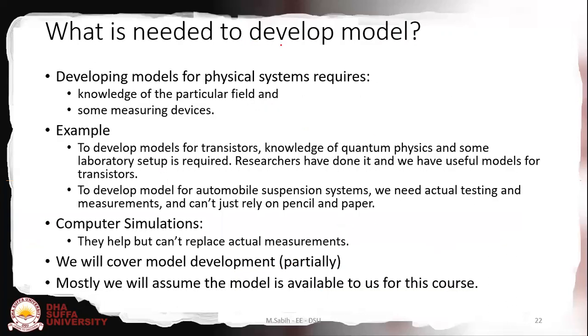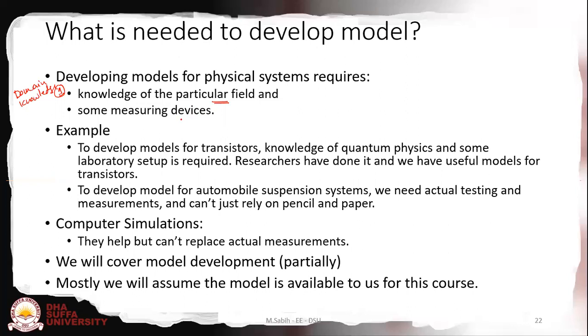So what is needed to develop a model? Developing models for physical systems requires, number one, what we also call domain knowledge. The knowledge of the particular field is very important.